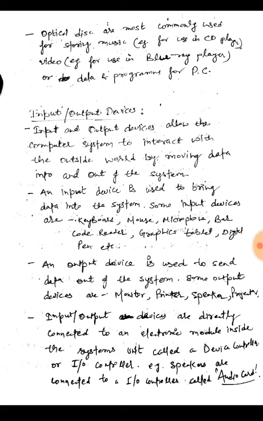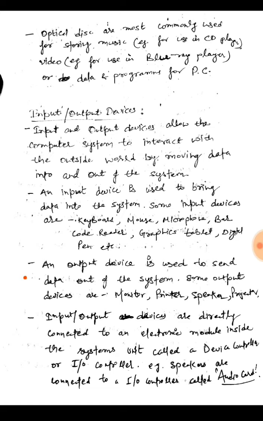Some input device examples are keyboard, mouse, microphone, barcode reader, graphic tablet, digital pen, etc. So input devices are the ones which we use to enter data into the computer system, and an output device is used to send data out of the system, that is the devices that are used to receive the data from the computer. So some output devices are monitor, printer, speaker, projector, etc.